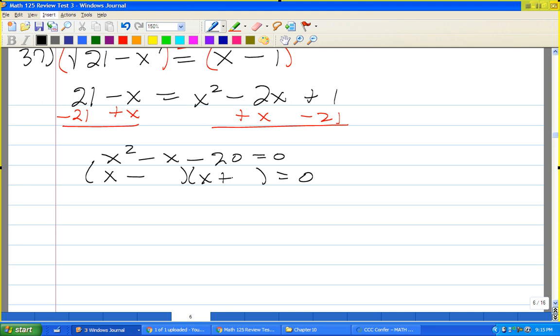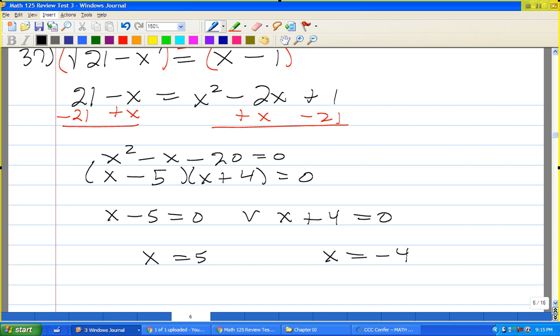I want two whole numbers whose product is 20 and whose difference is 1. So 5 and 4. So I get x minus 5 is 0 or x plus 4 is 0. So either x is 5 or x is equal to negative 4.